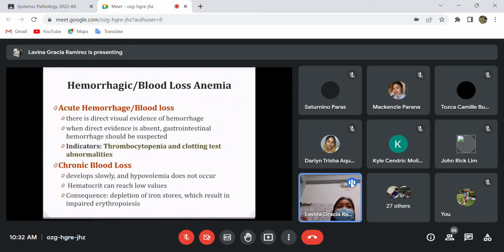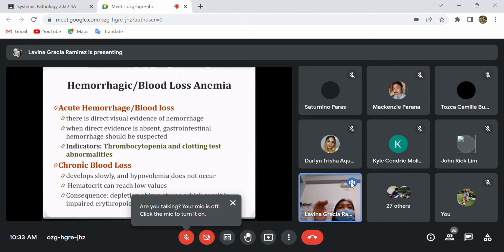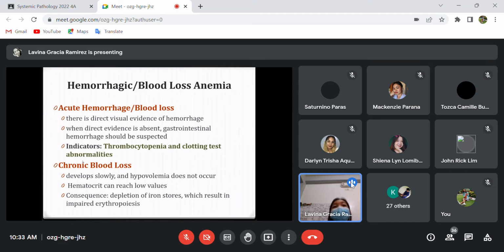Now, in acute hemorrhage, since the volume of blood is the focus, there is not necessarily depletion of iron stores, not unlike chronic blood loss. What happens here is that the body is still compensating for that little by little reduction of blood volume, but with that compensatory mechanism, the iron stores can be depleted.